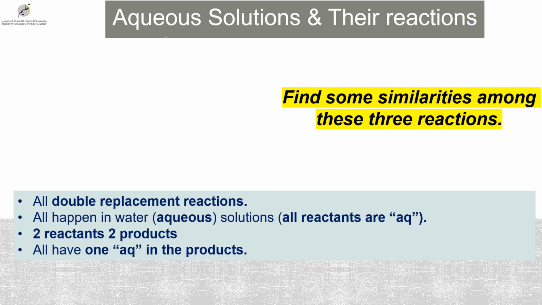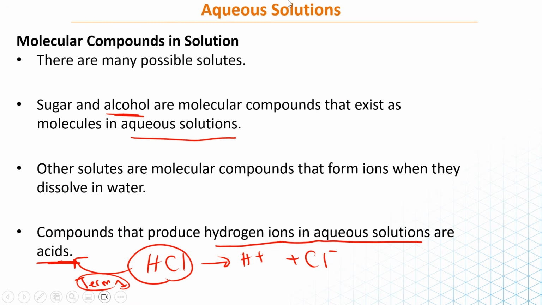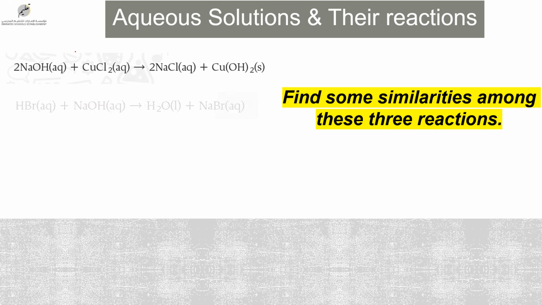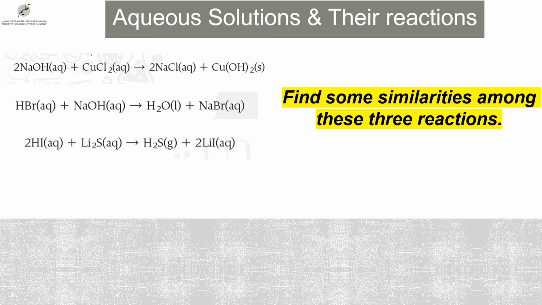Now, one second, sorry. So in aqueous solutions and their reactions, look at these reactions, guys. Try to stop the video and find some similarities among these three reactions. شو المتشابه هنا من حيث نوع التفاعل، عدد المتفاعلات والنواتج, and so on.